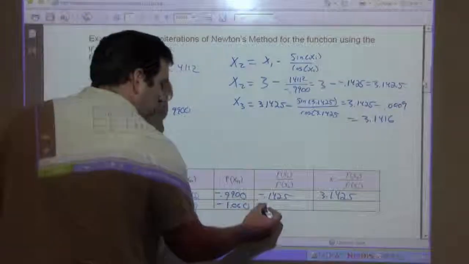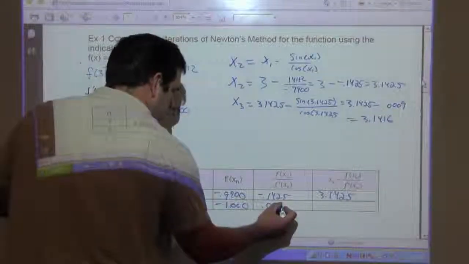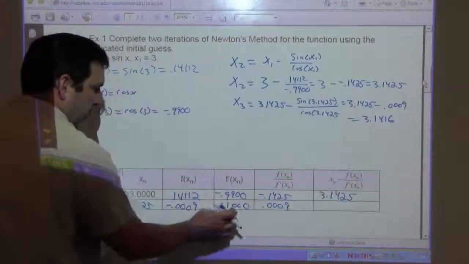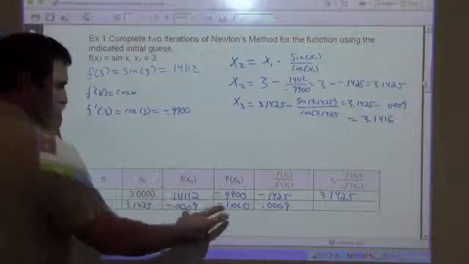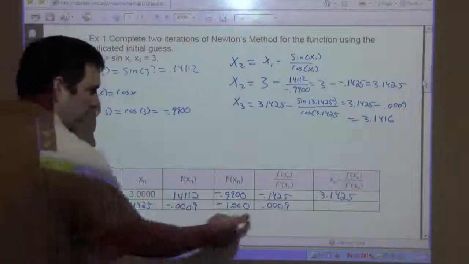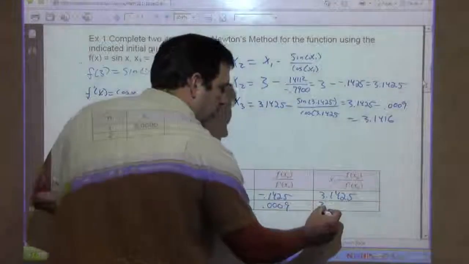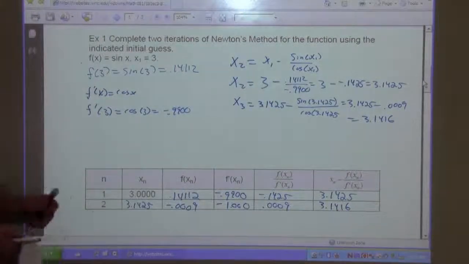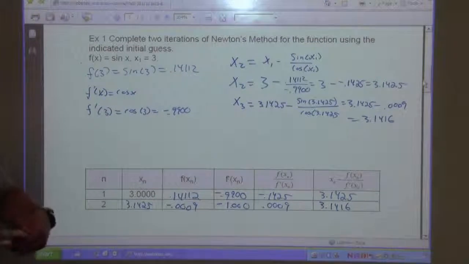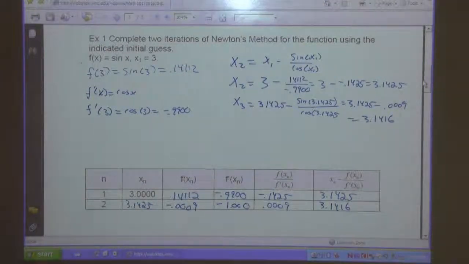The quotient is going to be 0.0009, just this divided by that. Then x sub n, this value minus this quotient, is our 3.1416. And that is 2 iterations of Newton's method.